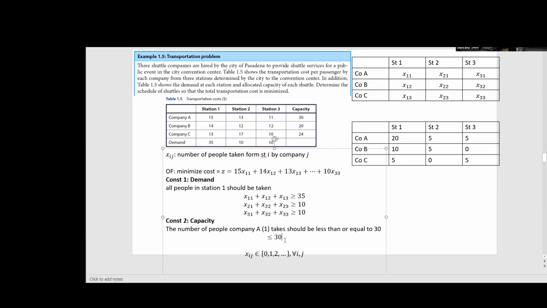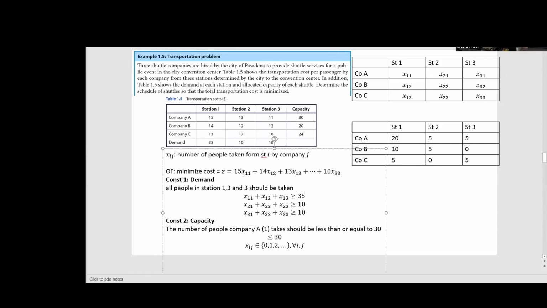If I give the computer this problem, what problem do you think will happen? It says x11 plus x12 plus x13 should be greater than 35, and these are the costs. If I don't add the capacity, what will happen? We'll put everybody in one company.